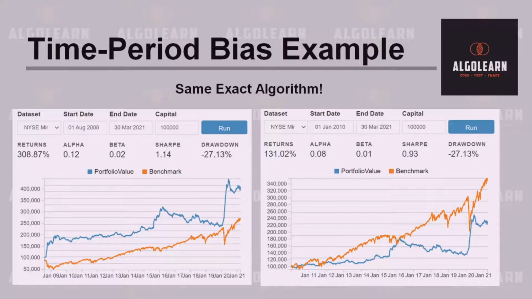If I start at that point and exclude the Great Recession, well, you can see it doesn't beat the benchmark over time. So there's a big difference in returns, a big difference in Sharpe. Of course, the drawdown didn't change, but definitely a big difference in alpha, Sharpe, and in the returns. So that's just an example of excluding a time period.